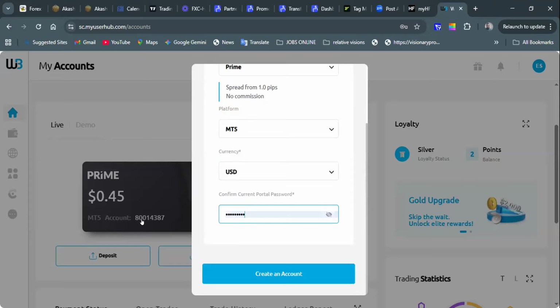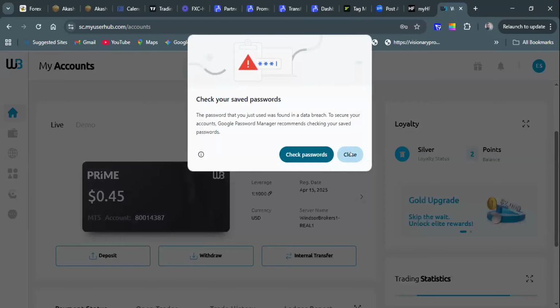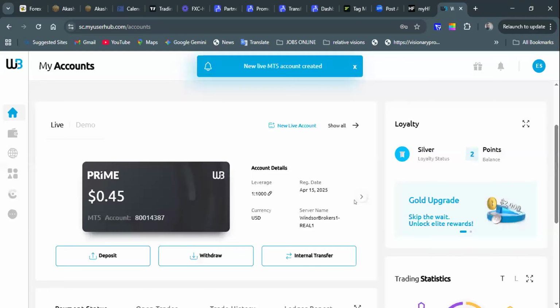The existing account I have here is 800143887. So let's see the new one I'm creating. What would be the login details for this now? All right, so that is created. And then we go look for it. The new one that is created. This is a new one now on MT5.